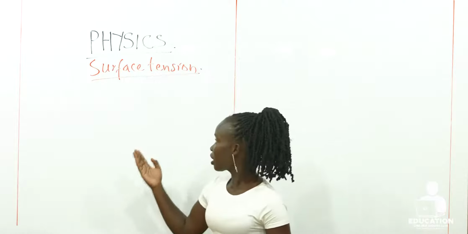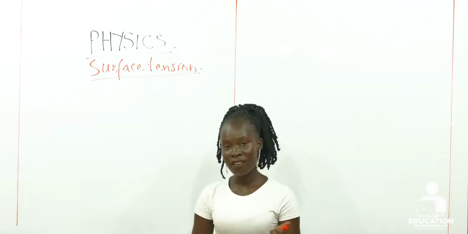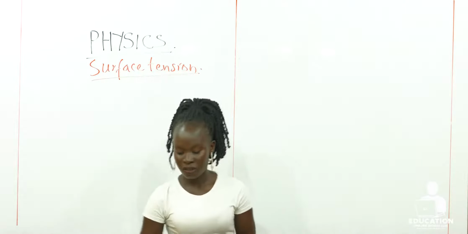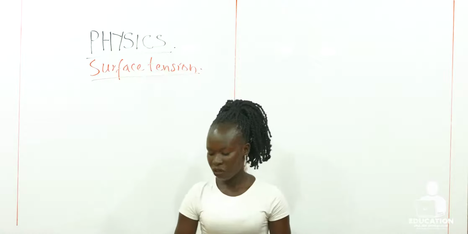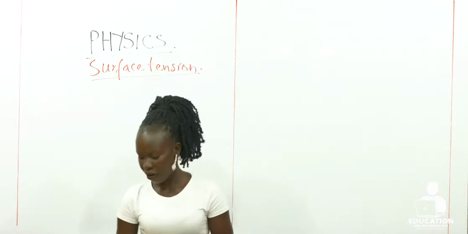So we can define surface tension as the tendency of a liquid surface to shrink into a minimum possible area.